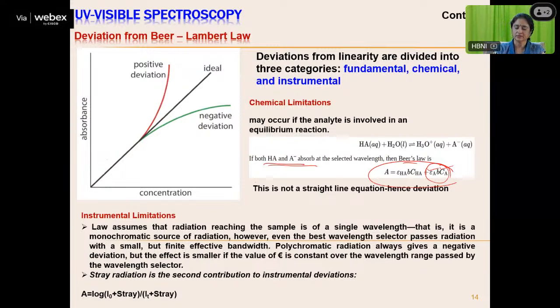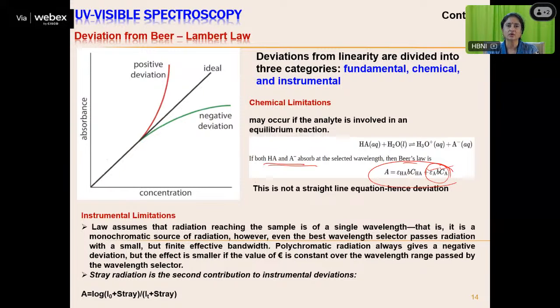Even the best wavelength selector passes radiation with a small but finite effective bandwidth. Polychromatic radiation always gives a negative deviation, but the effect is smaller if the value of epsilon is constant over the wavelength range passed by the wavelength selector. Because for all these wavelengths, the species present in your solution has a different epsilon value, so there is a deviation.